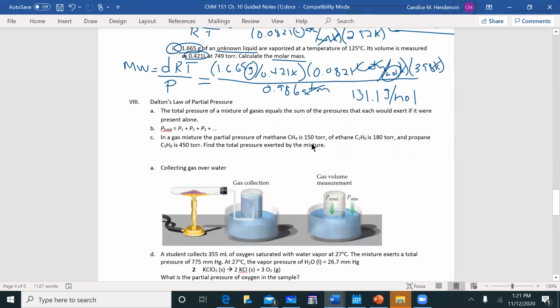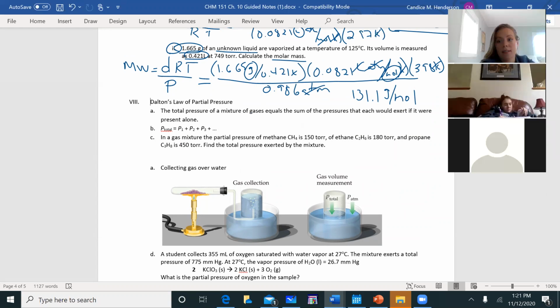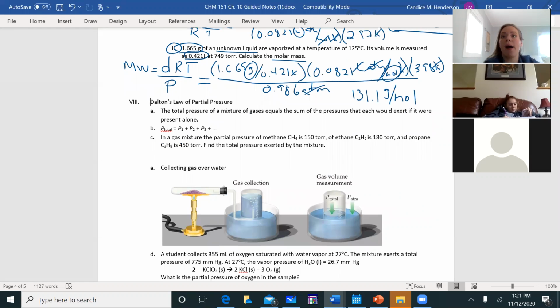So next we have this law known as Dalton's law of partial pressure. What this says is that if I have a mixture of gases, for instance, the atmosphere is oxygen, nitrogen, there's some argon, there's some CO2. The total pressure equals, and we can see it here, the pressure total equals the pressure of the individual gases added together.